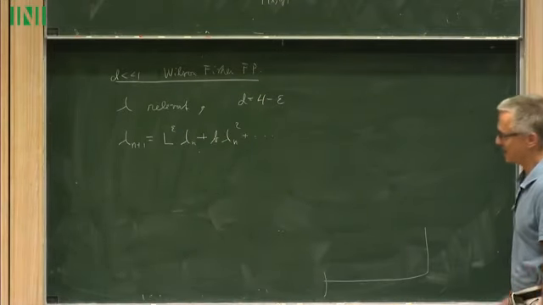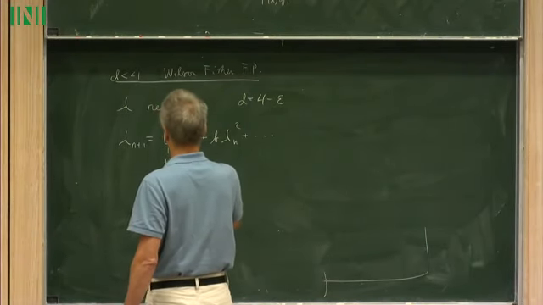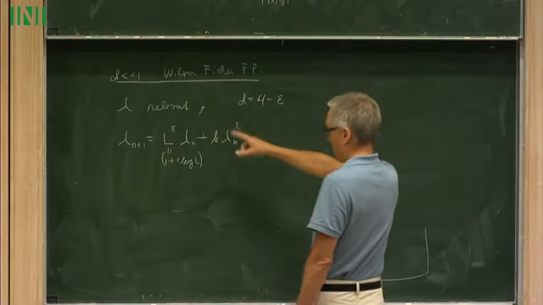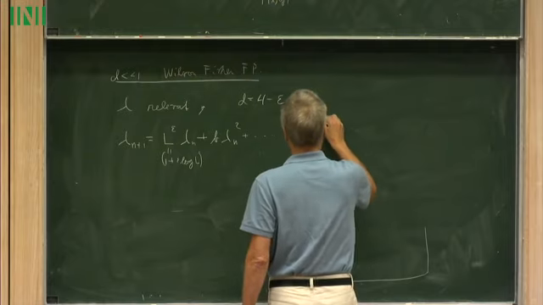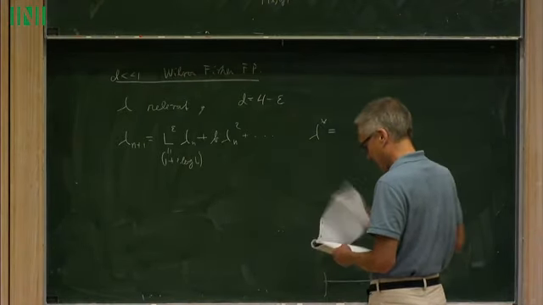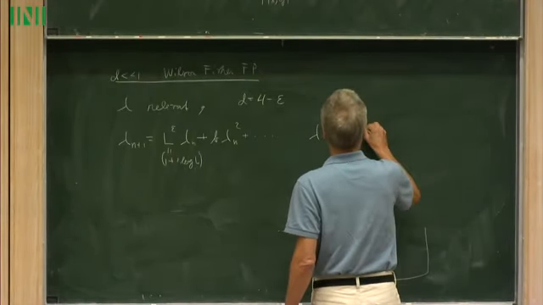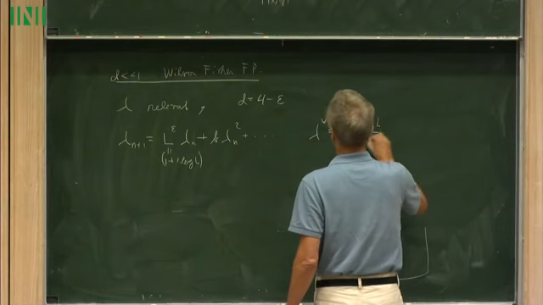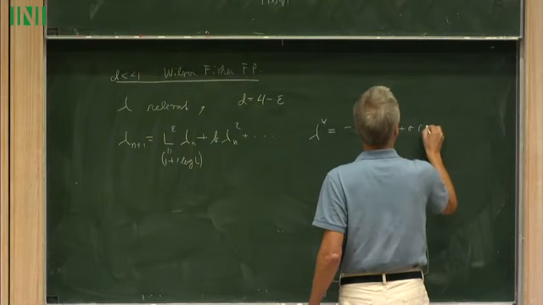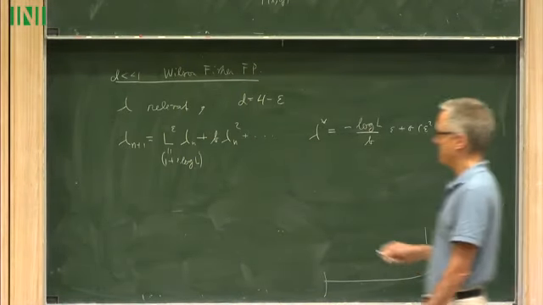There clearly is now a chance of having a fixed point, because this is 1 plus epsilon log L. And indeed, you can solve from that you have a fixed point lambda star, which is, what does it become? Minus log L over b times epsilon plus order epsilon squared. There's a non-trivial fixed point, and we have this picture.